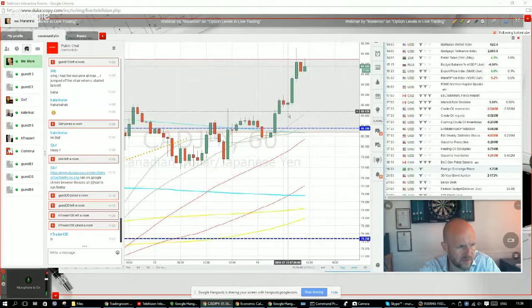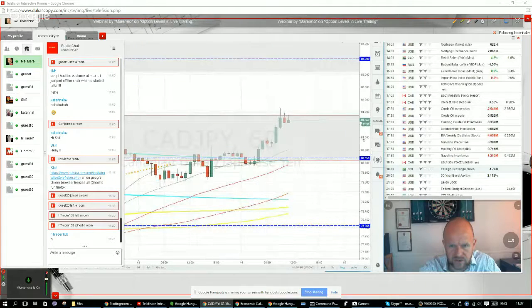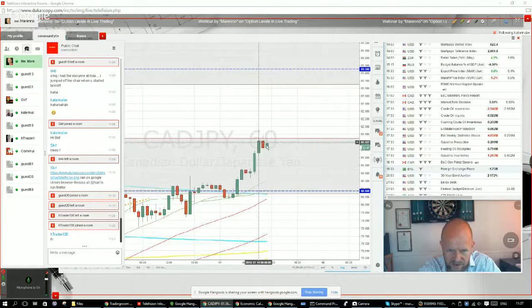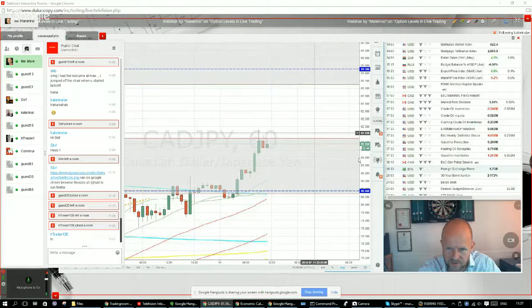All right, so it's CAD yen. The price is going up at the moment. In case it will break through this reversal area, I will not switch to a longer time frame. I have done this analysis before, so there is no reason to redo it at the moment.